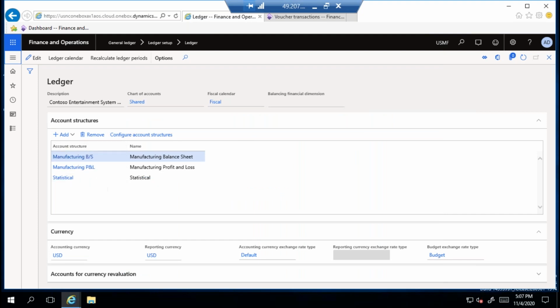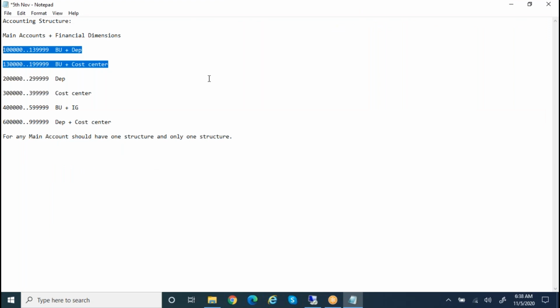Once the accounting structure is validated, only then will it allow you to post to the financial transactions. So it is most important. Clear? Any doubt regarding this accounting structure? Fine, I hope it is clear.